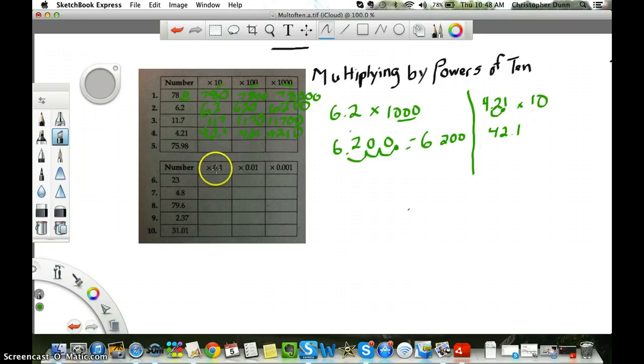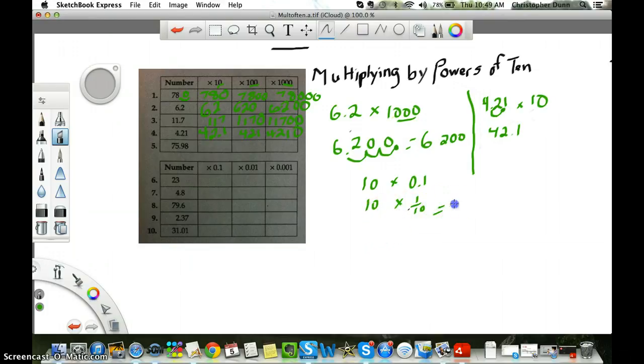And when we multiply by decimal powers of 10, so this is 1/10th, 100th, 1,000th, we're actually going to go in the opposite direction. One way of thinking of this, a simpler question would be if you had 10 times 0.1, that could be 10 times 1/10, or it could be 1/10 of 10, which of course would be 1.